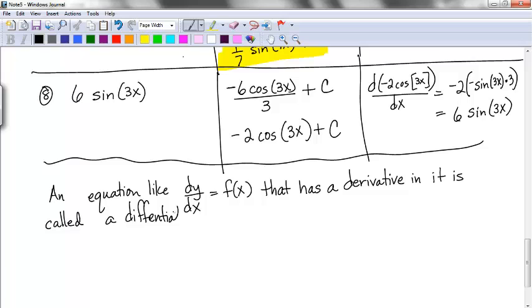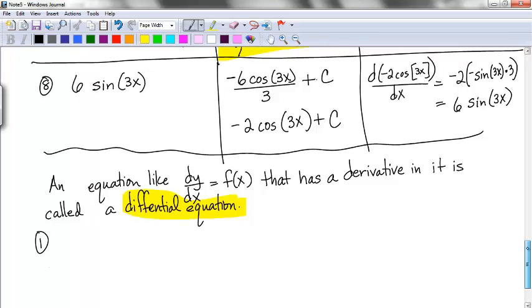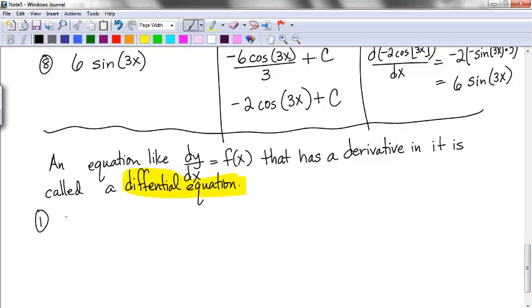A lot of times in college you go through Calc 1, Calc 2, Calc 3, and the last, fourth semester is series and differential equations. So they're working with equations that have derivatives in them.